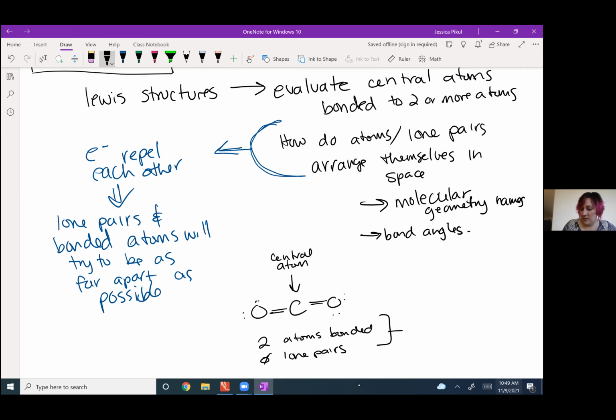So the furthest 2 things can get from one another is 180 degrees. So this is going to have a bond angle of 180 degrees, and we're going to call this shape linear.